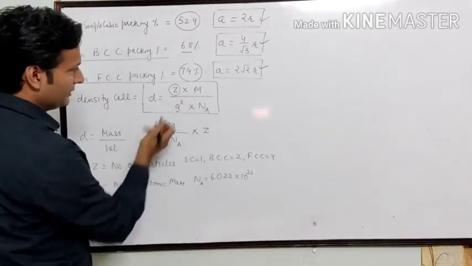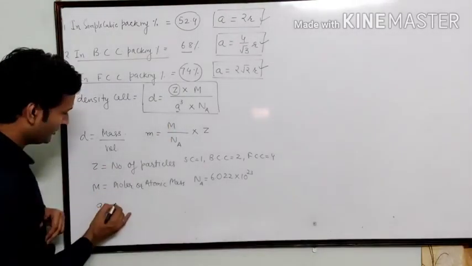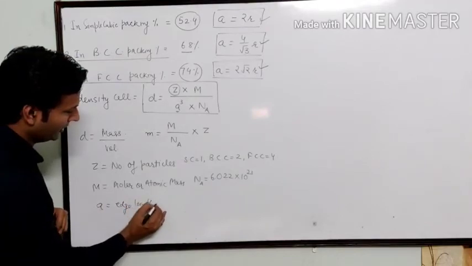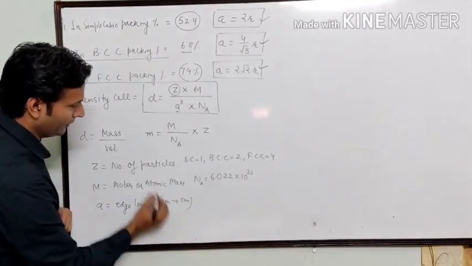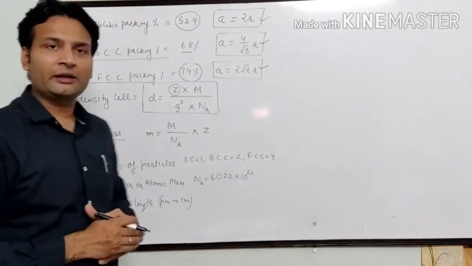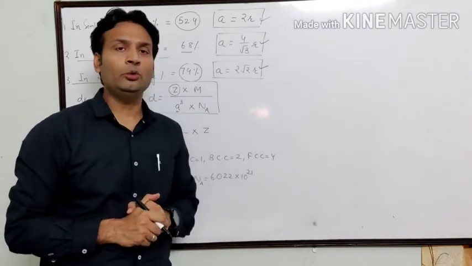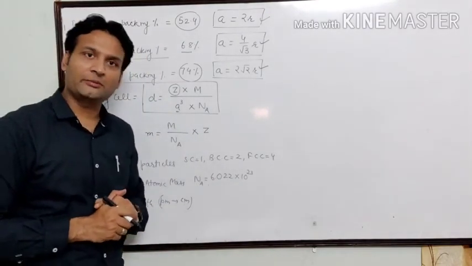And at the last, a is equal to edge length. Please remember that edge length will be given in picometer and you have to convert it into centimeter because the density is in gram per centimeter cube, or you have to convert it into meter because the density can also be considered in kg per meter cube.